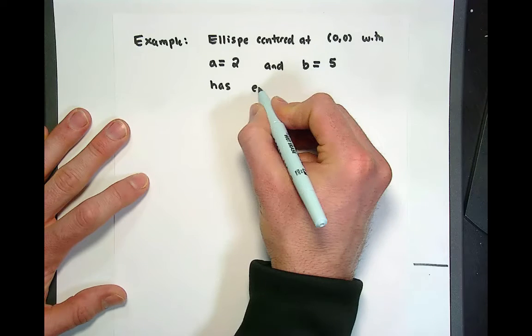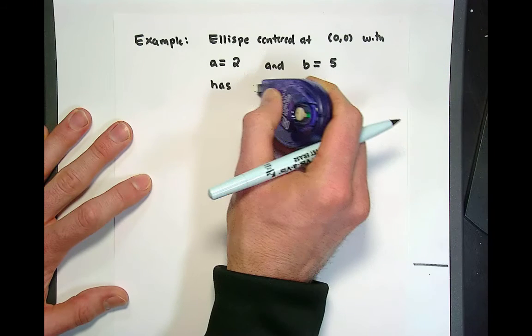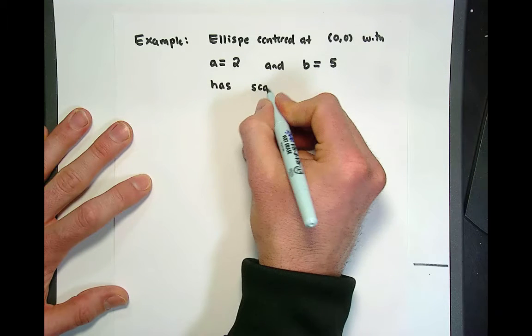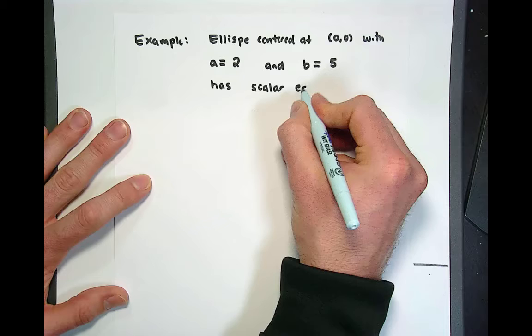This ellipse has equation, and we're going to call this the scalar equation, not the vector equation, because it's going to be written in scalar terms.